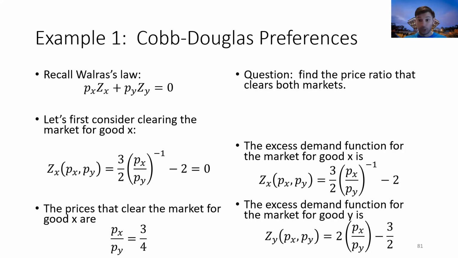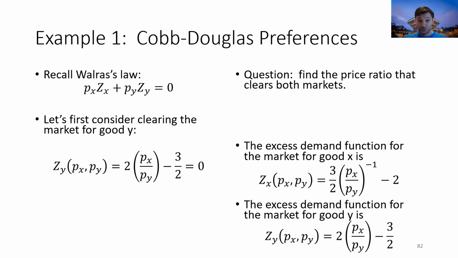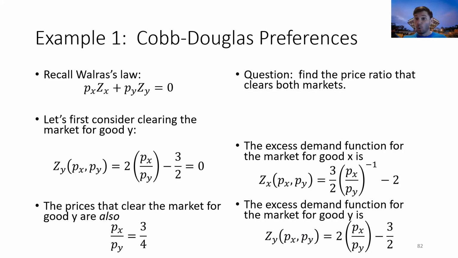It is exactly 3/4. Okay, you should recognize if we plug 3/4 in for the price ratio here, then that price ratio will also cause the market for good Y to clear as well. So we could have used either Y's excess demand function or X's excess demand function to figure out the set of market clearing prices for this general equilibrium pure exchange economy.